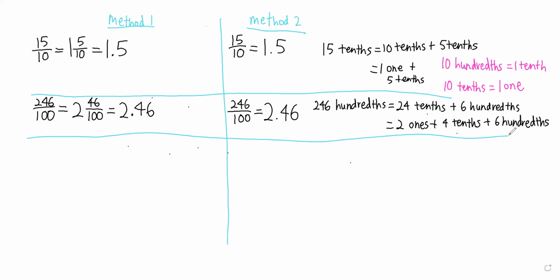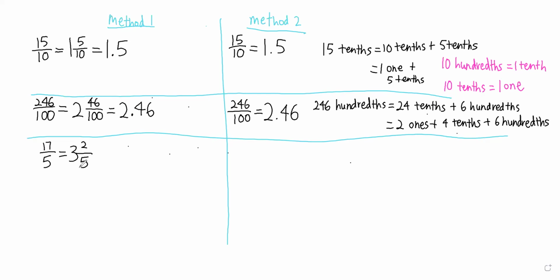Let's look at the next question. Let's say now I want 17/5. Now, if you notice, my denominator is a 5. However, I only learned how to convert a fraction with denominator 10 or 100 into a decimal. So what I should do, I should also try to convert my denominator in this case. For method 1, I will first convert it into a mixed number. 17/5 is 3 and 2/5 in a mixed number.